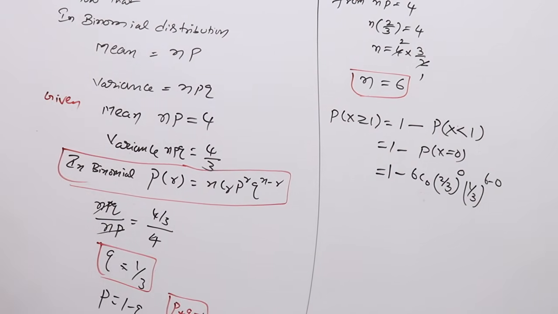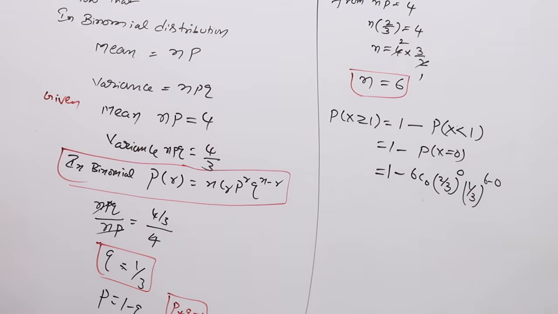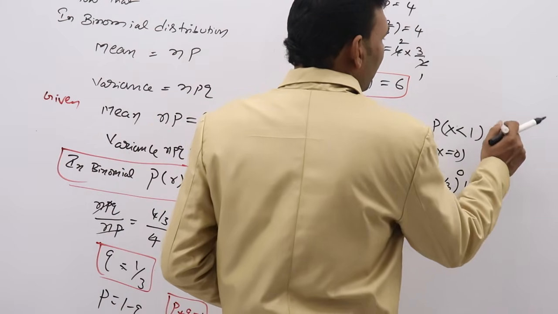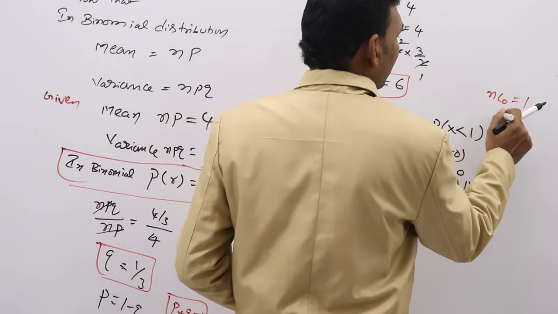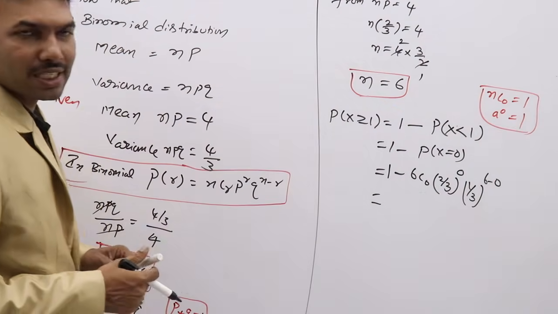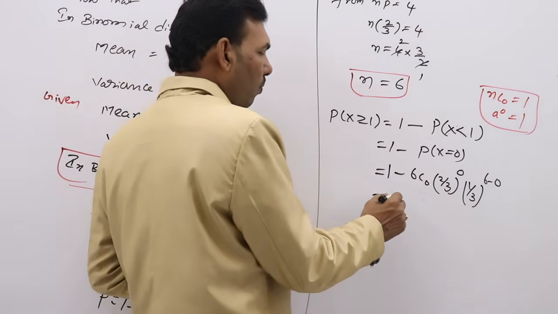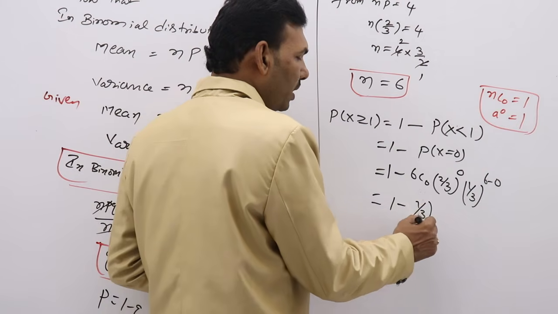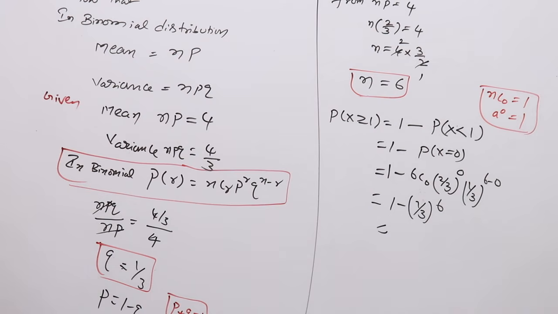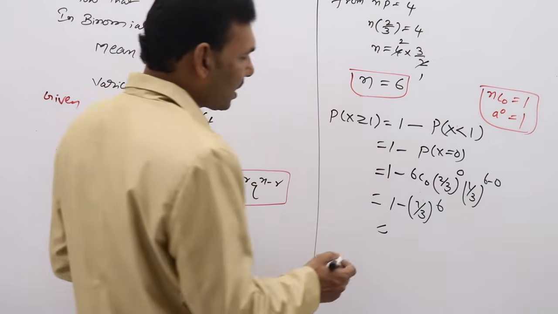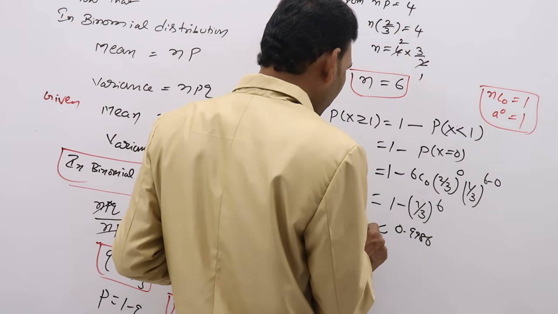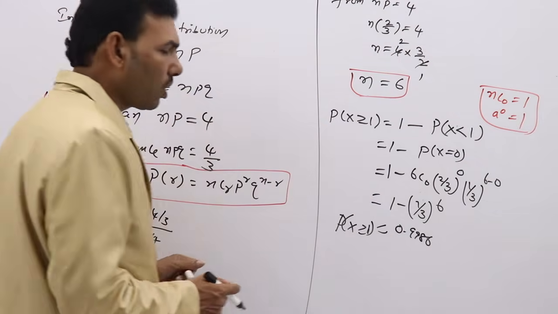So what you will have finally: we all know that nC0 is 1 and anything power 0 is also 1. So 6C0 is also 1. Then 1 minus 1 by 3 whole power 6. If you calculate that value using your calculator, you will get the final answer 0.9986.